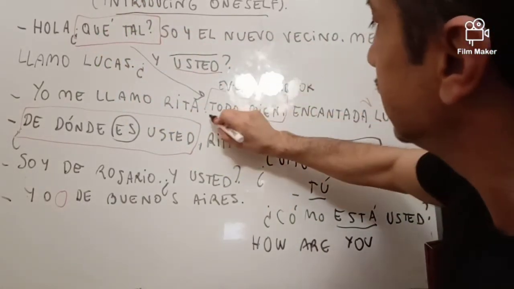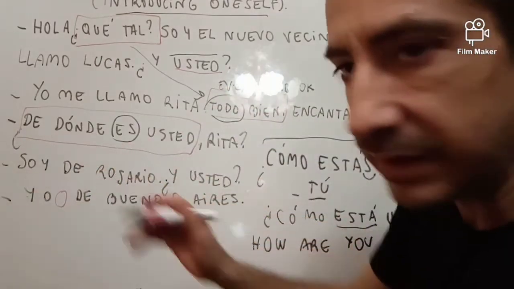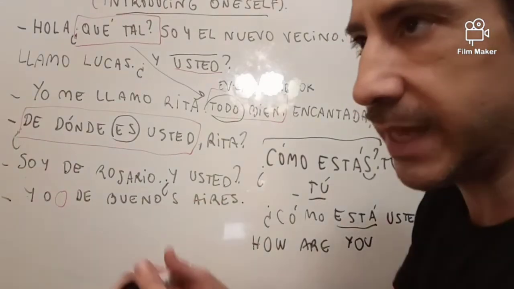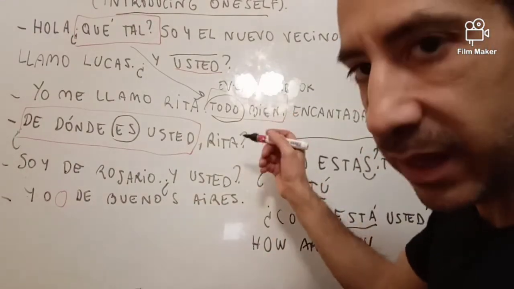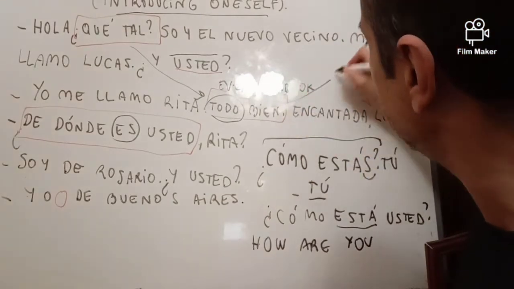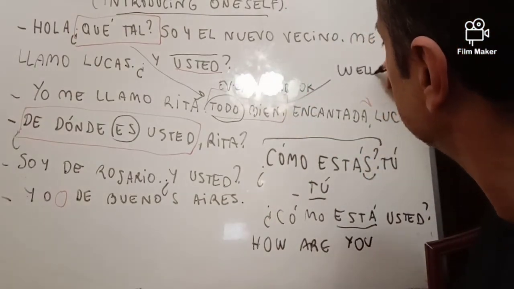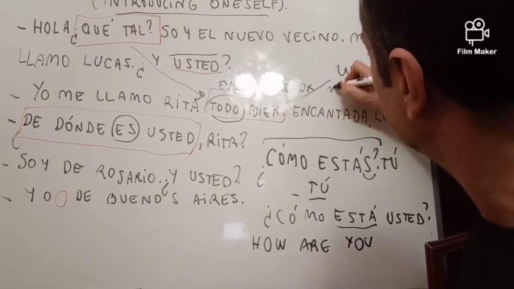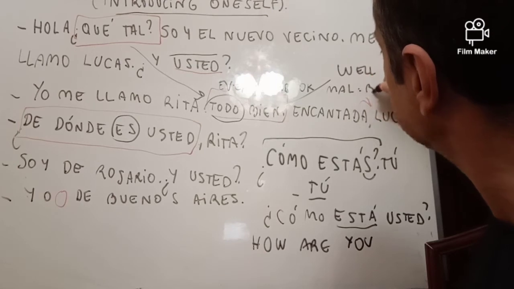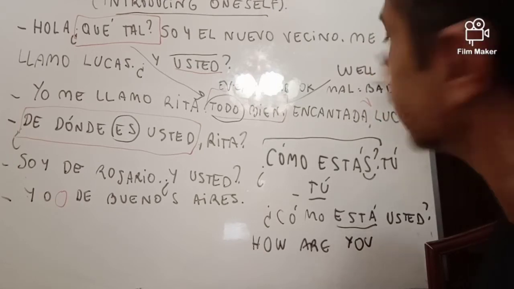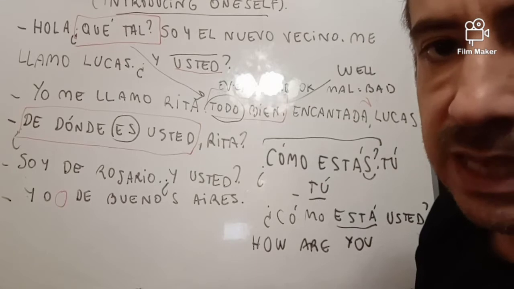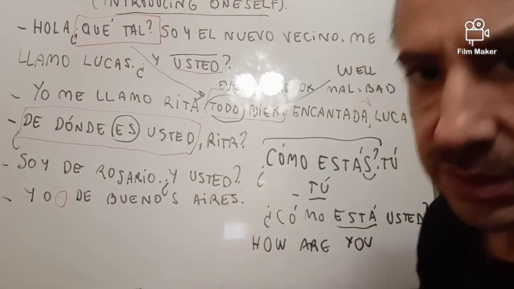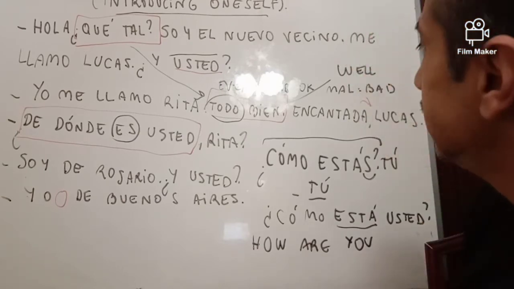Everything okay. Todo means all, everything. And bien is the opposite of mal. Bien means well. And mal means bad. I'm checking all the time whether what I've just written can be seen on the board or not. That's why I always do this.